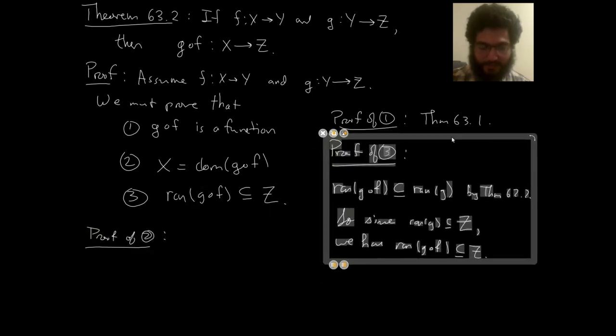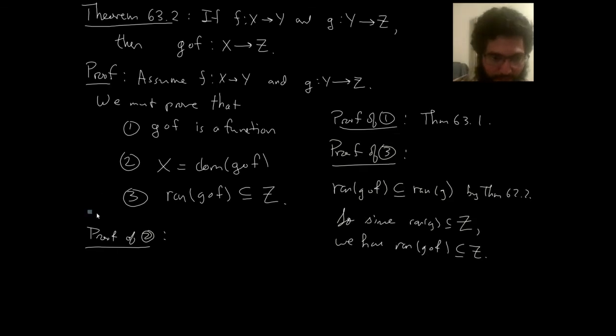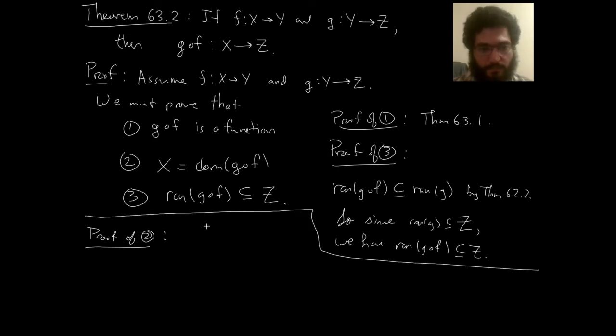Let me get this stuff kind of off to the side and give this one the most room. So x is the domain of f, right? That's coming from this. X is just another name for the domain of f. So what we must prove is that the domain of G composed with f equals the domain of f.